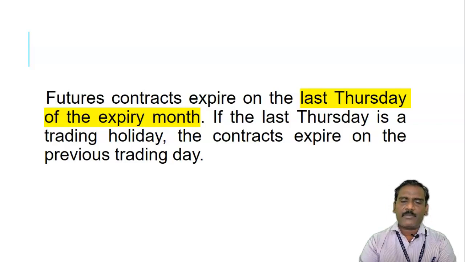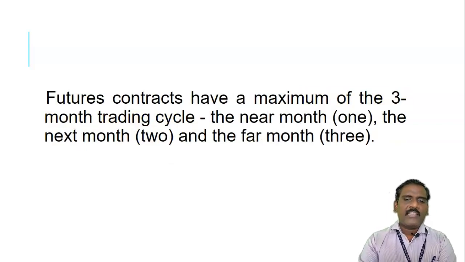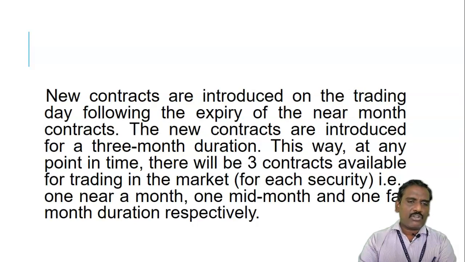The future contract has a maximum of 3 months trading cycle, denoted as near month, which means 1 month, next month, which means 2 months, and far month, which is 3 months. A maximum of 3 months contract can be entered into.